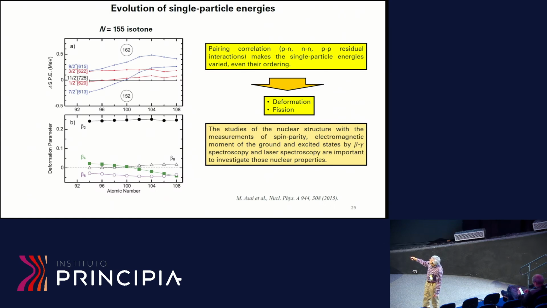And the 7/2 states are sensitive to the beta-4 parameters. So the ordering changes drastically with the deformation, which is affected by the pairing effect of the nucleons in the nucleus.